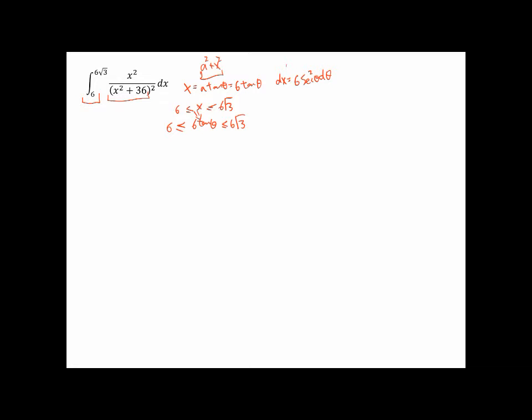Plug in x, right? Because x is equal to this. Solve for this. Cancel out the 6, which is tangent theta greater than or equal to 1, less than or equal to square root 3.